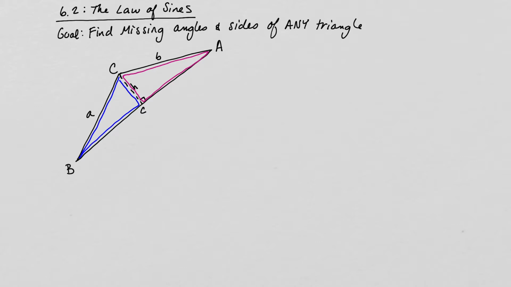So if I look at the pink triangle, we can say that the sine of A, right? Remember, sine is opposite. So in this case, the opposite is that h, the height, over the hypotenuse. In this case, the hypotenuse of that pink triangle is b, right?